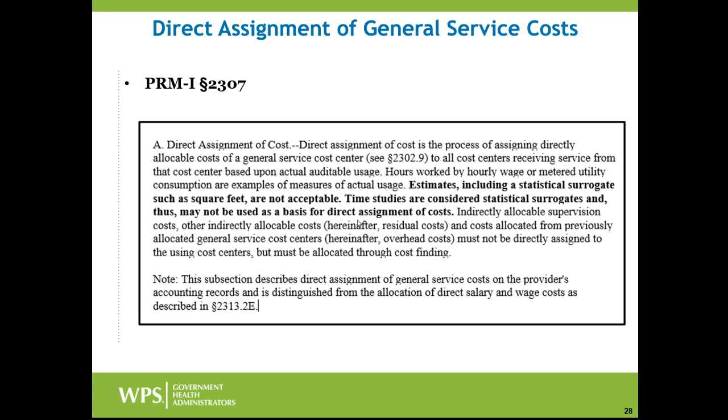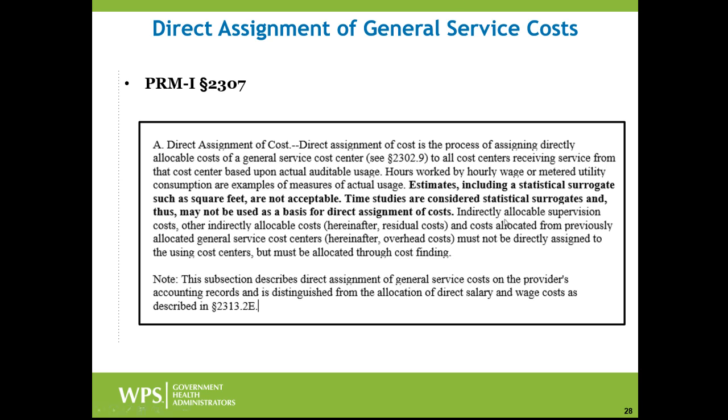Therefore, it can't be used as the basis for direct assignment of overhead costs. It can be used for the direct assignment of revenue producing cost center cost, but it's not allowed to be used for overhead costs. The main reason is there's another way, using a statistic through the normal step down.